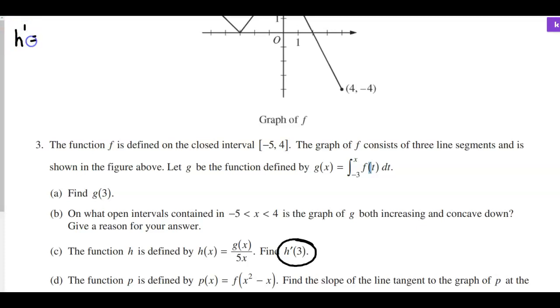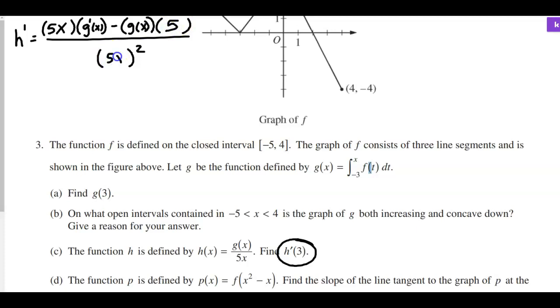H prime is going to be low d high minus high d low. Draw a line and square below. So let's do it. Low d high minus high d low, draw a line and square below. All right.